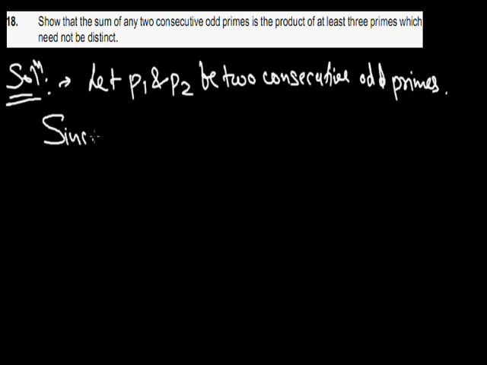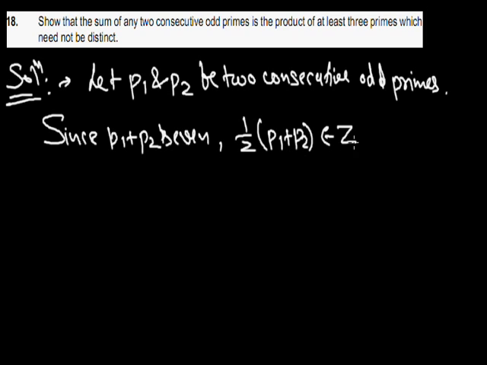Since P1 and P2 are odd, P1+P2 is even. If P1+P2 is even, then half of P1+P2 belongs to the integers. Further, half of P1+P2 is the average of P1 and P2, so it will lie between P1 and P2.